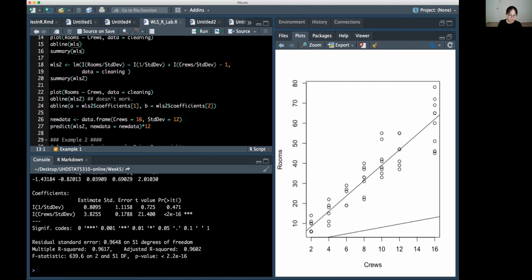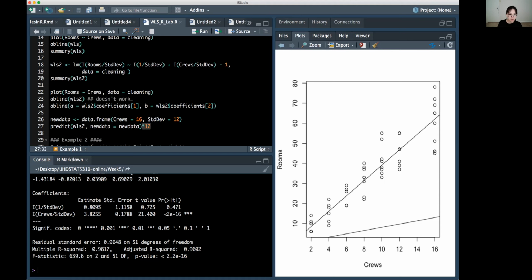This is the plot again, and this is when you do a prediction. So let's do a prediction when x equals 16, and we have to provide the weight for it. The weight is 12, if you look at the data. We have a summary of the standard deviation for each distinct value of x. If we do this prediction, we use predict with this linear model, and the new data is here.